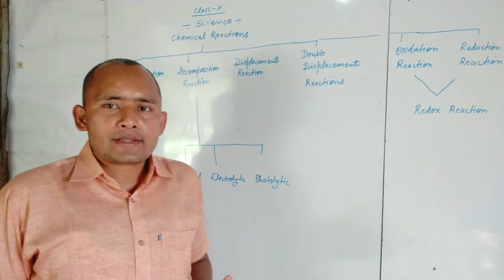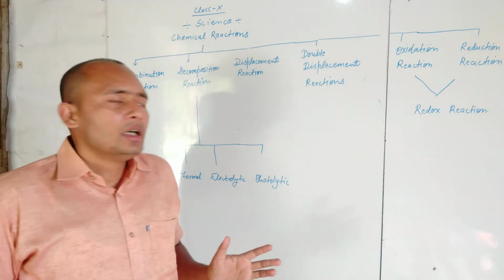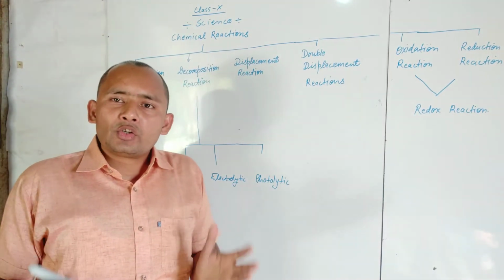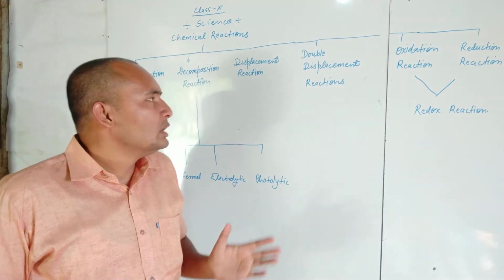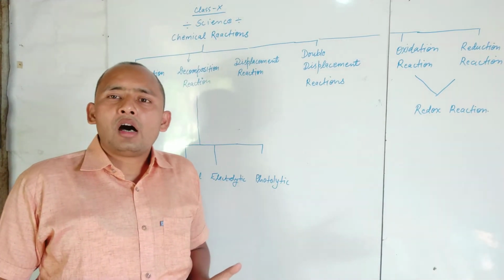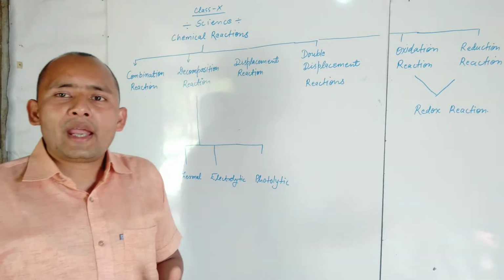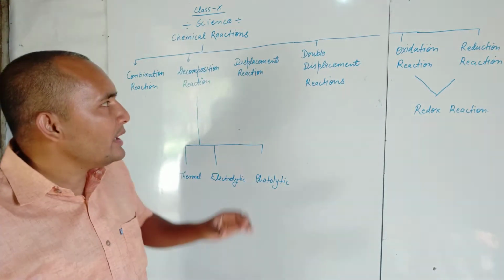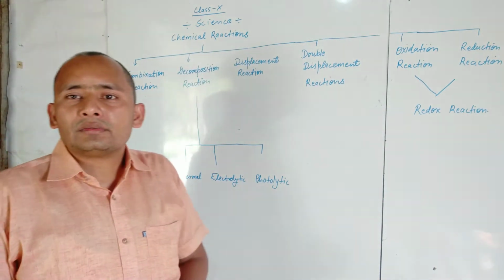In other words, in displacement reaction, a more reactive ion displaces a less reactive ion, or a more reactive element displaces a less reactive element. So it is called displacement reaction.